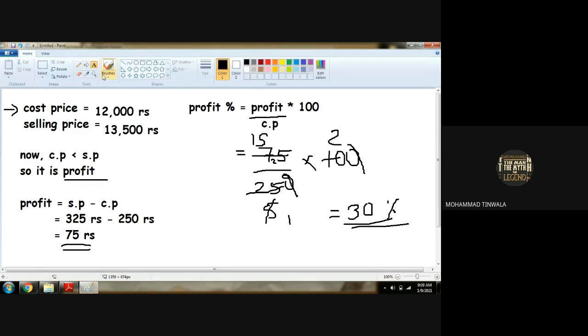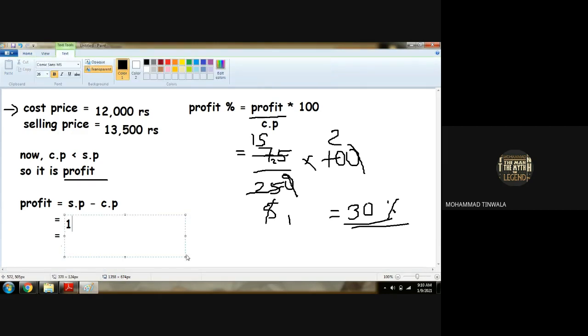Okay. So now CP is smaller than SP, so it is profit only. Profit is equal to SP minus CP. So here the amount will be changed. 13,500 rupees minus 12,000.